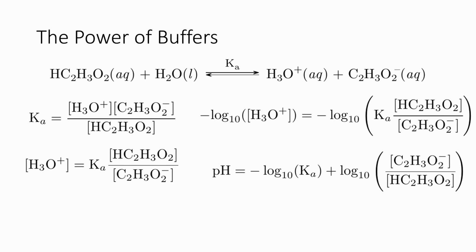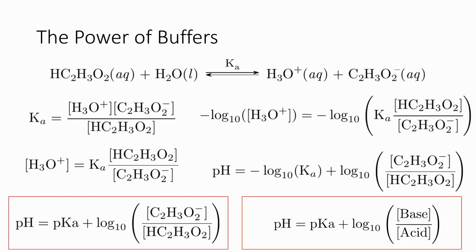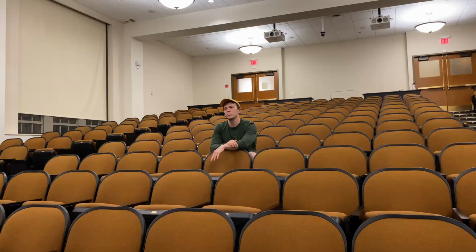Now, if we remember the definition for pKa, we can finally write the equation for calculating the pH of the buffer solution as this. This can also be generalized to any buffer solution using a weak acid and its conjugate base. This formula is known as the Henderson-Hasselbalch equation.